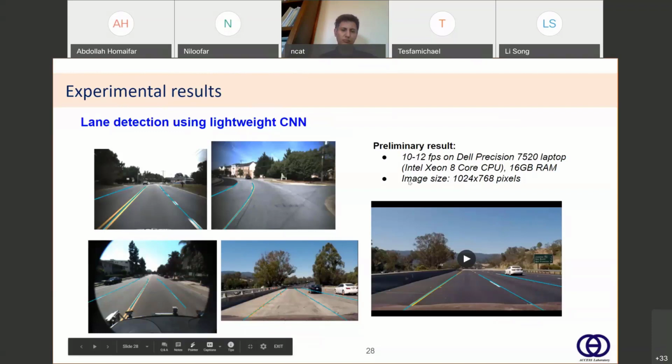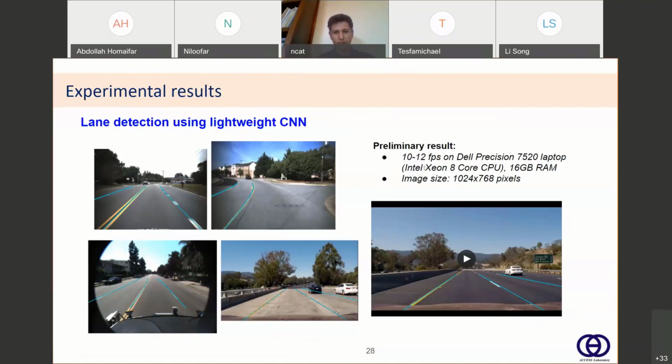Our preliminary result shows that this method works at about 10 to 12 frames per second on a Dell Precision laptop, which has an Intel Xeon 8-core CPU, and of course enough RAM. The image size we considered is 1024 by 768 pixels.